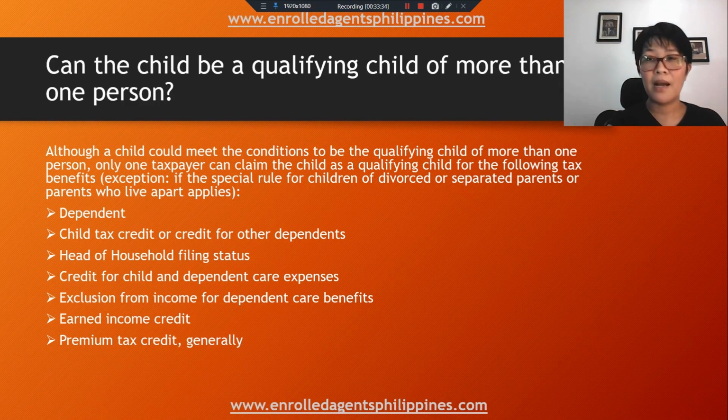At saka, bakit hindi po pwedeng marami ang mag-claim, kahit na po pwede. Ibig sabihin, qualified sila to claim that child as their child, but it doesn't necessarily follow na lahat sila po pwedeng mag-claim ng child tax credit. Lahat sila pwedeng mag-claim ng filing status na head of household? So, kailangan maintindihan nyo yan.